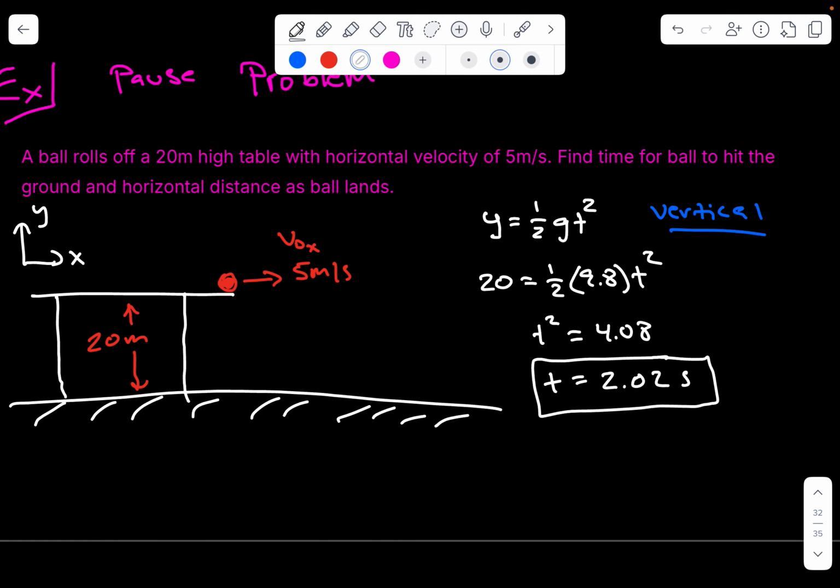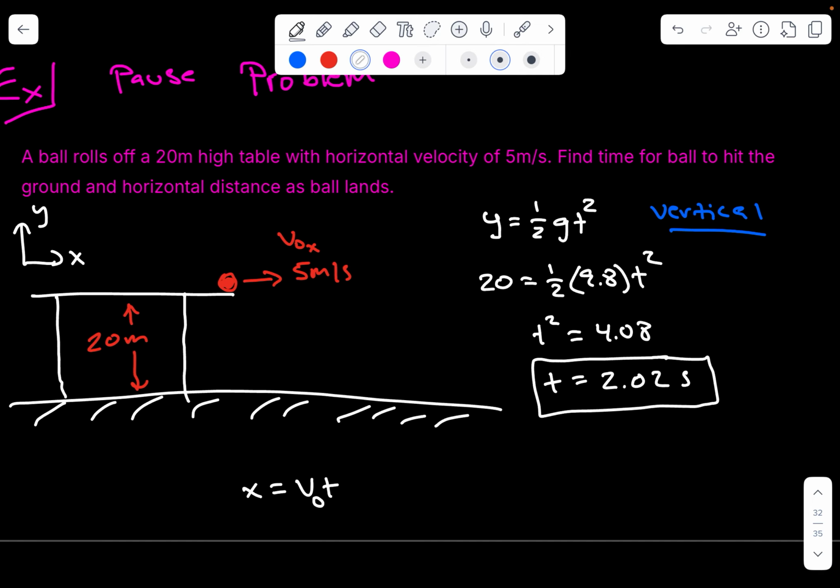So again, go back to your formula sheet, see what formula you have that uses variables that are given and what you are trying to find. So on my formula sheet, I see x is equal to vt, right? And we just found time, so that's good. And we have v, this is v naught, and we have v naught as 5.